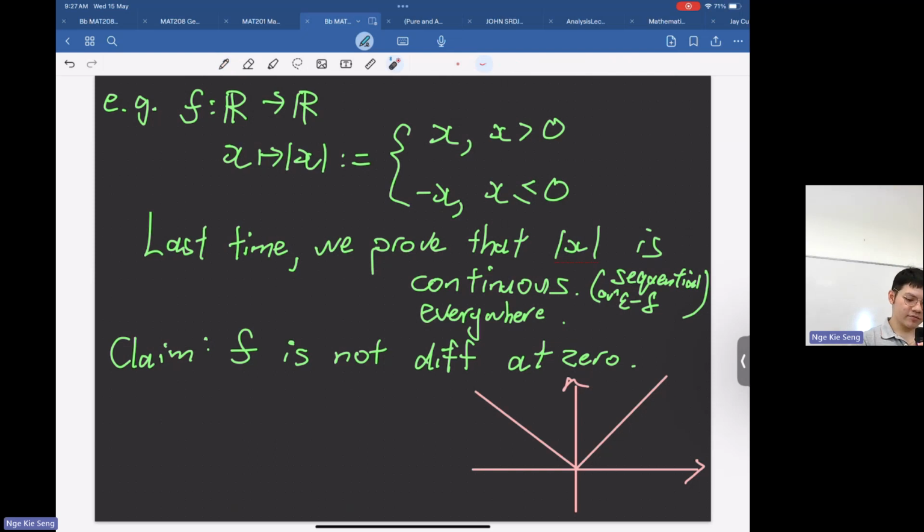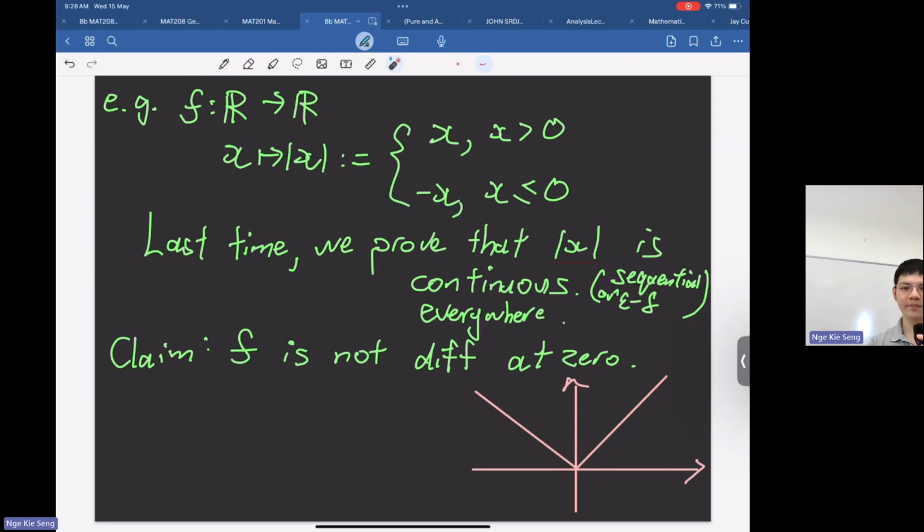So how does the tangent line look like on the right hand side, left hand side? This straight line itself is the tangent, but one has slope minus one. From the left it is always minus one. From the right it is always one. So the two numbers cannot converge.